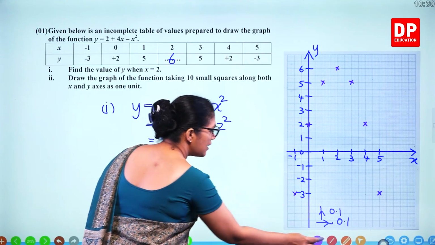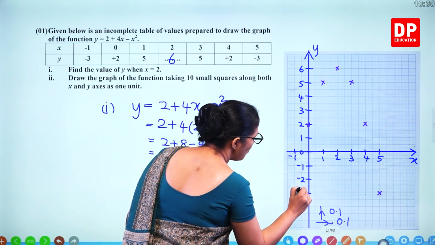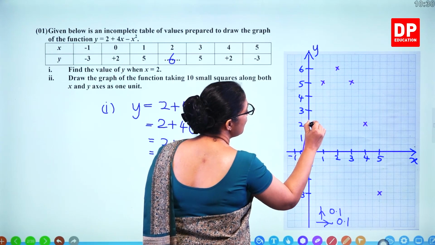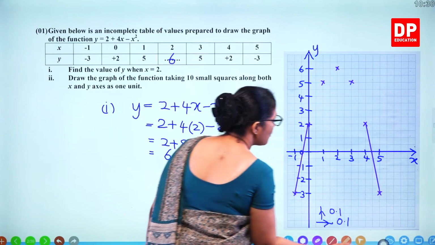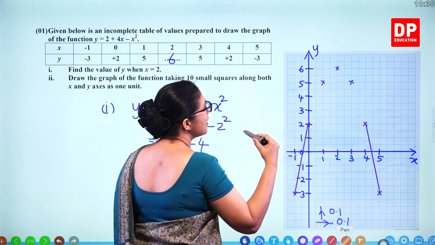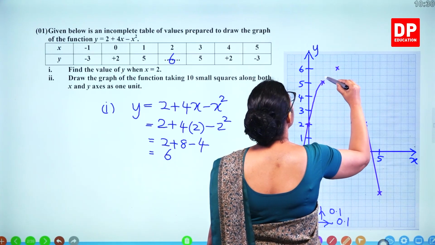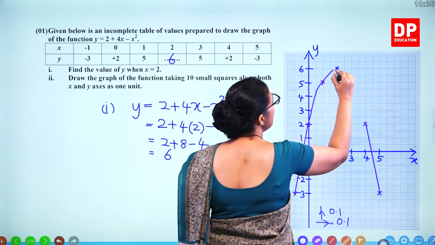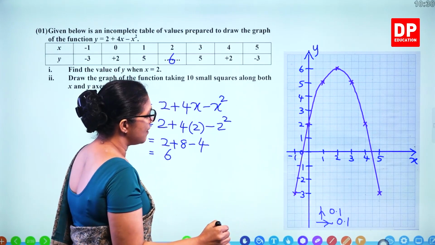Now you can connect the points. So, for the corner ones I can use the ruler only for those 2 points. Here also I can use the ruler but not for the other points. You have to connect smoothly. So, I'll draw this one smoothly like up to here and then up to here. So, that's the curve.